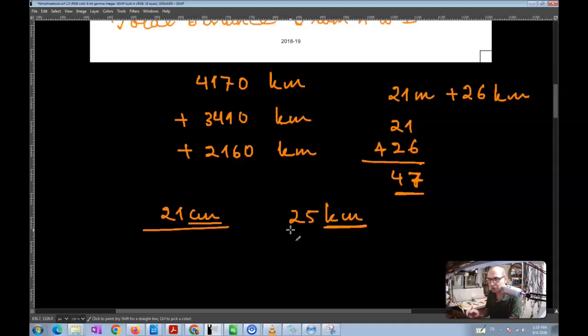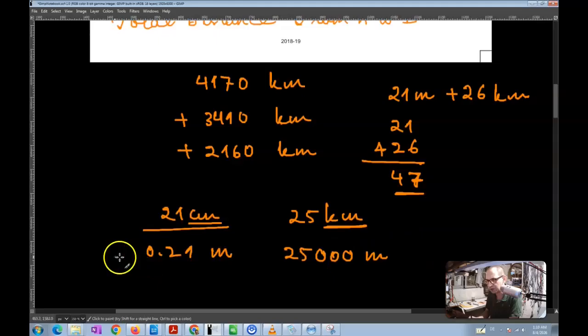If you actually wanted to combine these two distances, the only thing you could do is say that 25 kilometers is the same thing as 25,000 meters, and 21 centimeters is 0.21 meters.